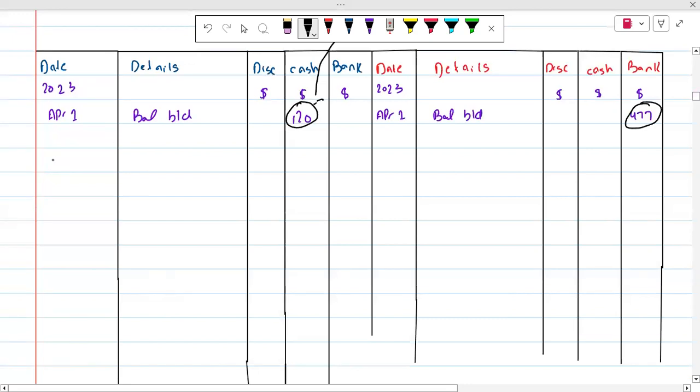We say capital, it's increasing by 1,000.